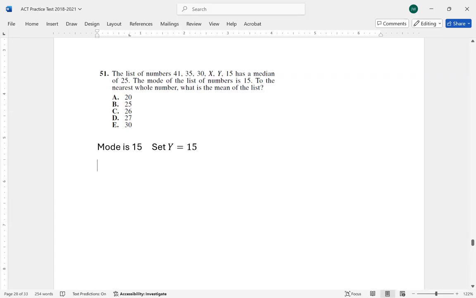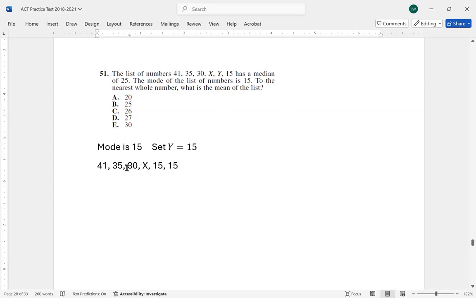That way, our list of numbers is 41, 35, 30, X, 15, and another 15. So we have a mode of 15. Now we want the median of this list to be 25.